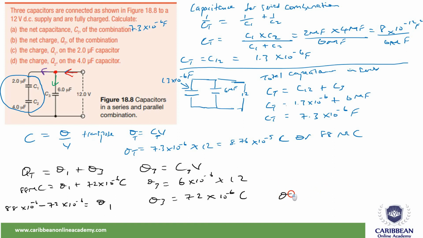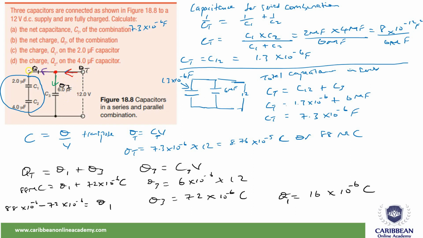So Q1 is actually equal to 16 times 10 to the minus 6 coulombs. So Q1 is coming at this point. You understand? And this is where Q3 would have been, and then QT would have been at that point.